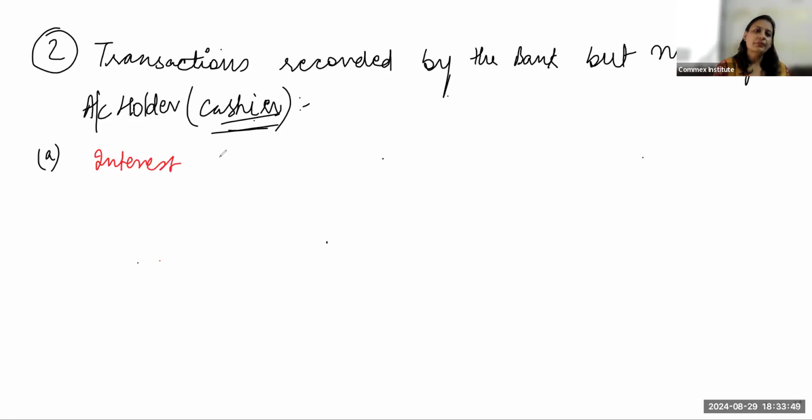Interest credited by bank. Now, bank will credit it only when it's increasing our account. Okay, that means this is the interest received by us.